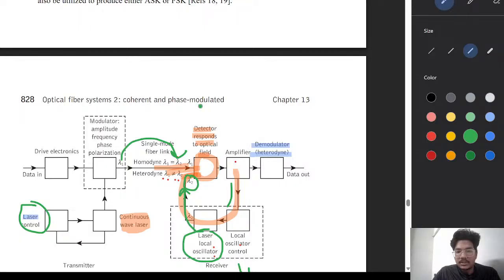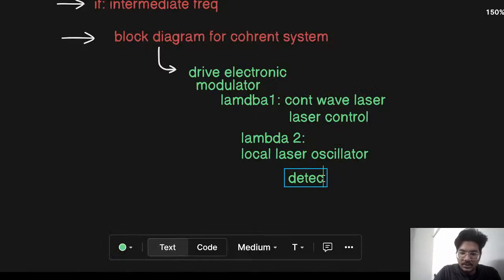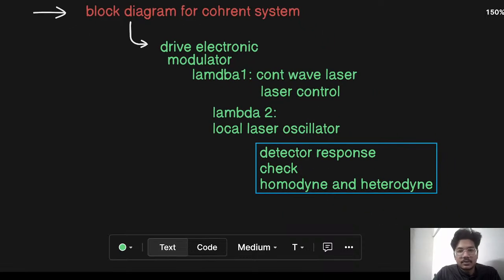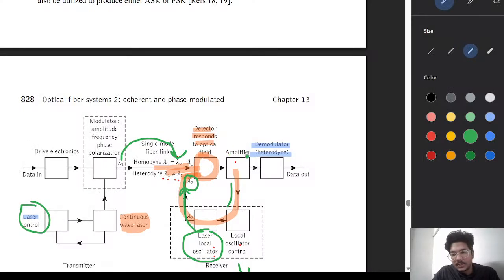Then the photo detector responds to this, and the detector responds to homodyne and heterodyne.